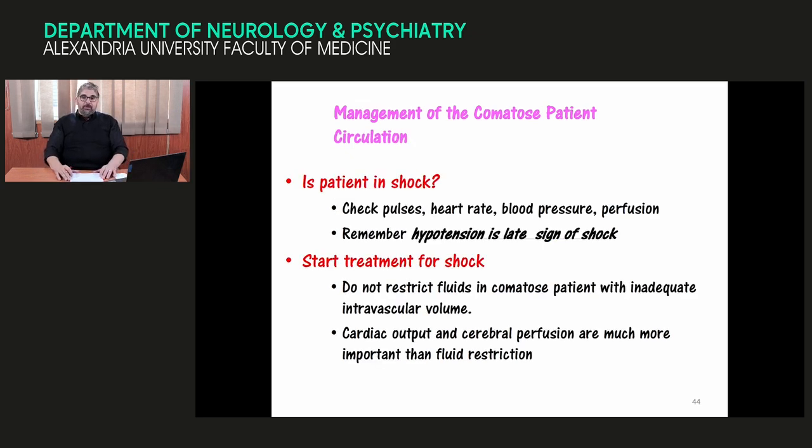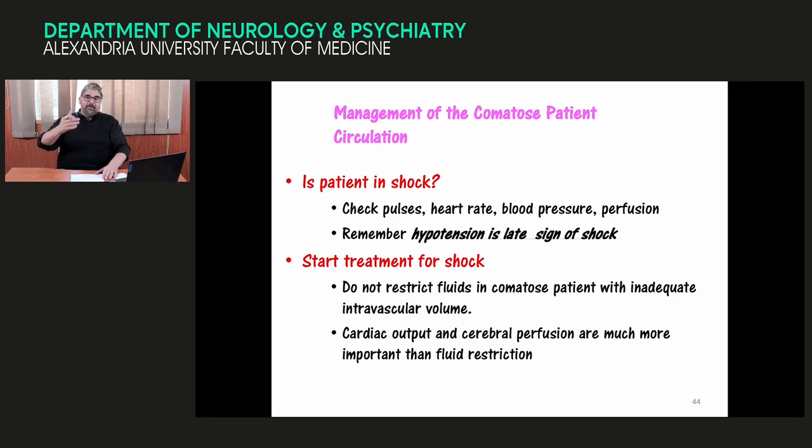If the patient is shocked, I should raise a certain point here. Blood pressure actually is not an early sign of shock. If the patient is hypotensive, it is actually a very late sign of shock. The patient may have other early signs of shock that should be noticed before we go for the blood pressure.